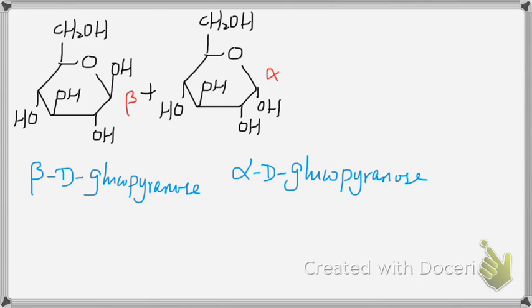Since it's a 6-membered ring, they are pyranoses, right? So we have beta-D-glucopyranose and alpha-D-glucopyranose. Again, these are also the Haworth projection in the 6-membered ring form.